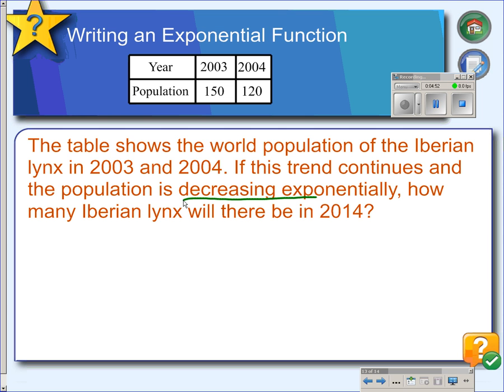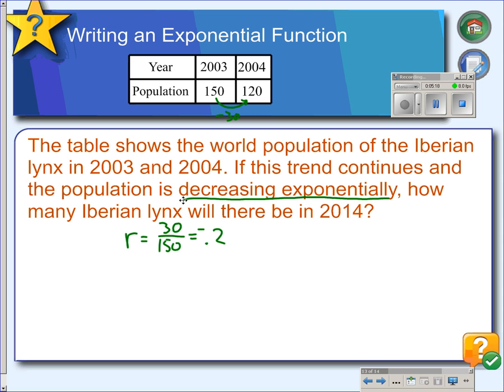We do know it's decreasing exponentially. So from 2003 to 2004, we lost 30 of these animals. So if it's declining by 30, to find our rate of decrease, we'll take the amount of decrease divided by the original amount. This comes out to 0.2. Since it's decreasing, it's negative.